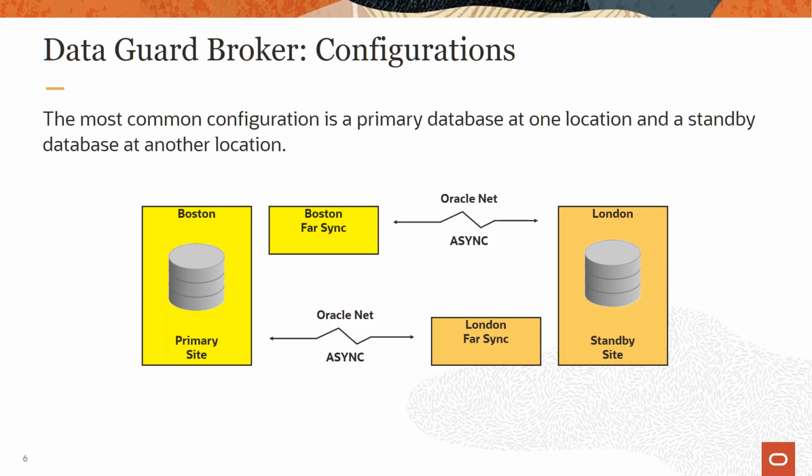In our practice environment, we will add Boston FARSync, which we discussed, and also London FARSync. So that way, Boston database should transport redo to Boston FARSync synchronously, and a Boston FARSync instance transport redo to final destination asynchronously. Okay, so this is the one possible configuration.